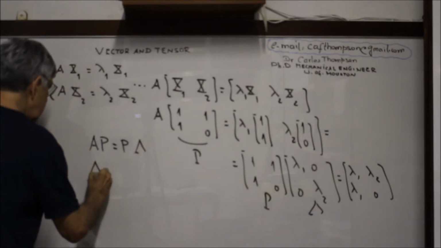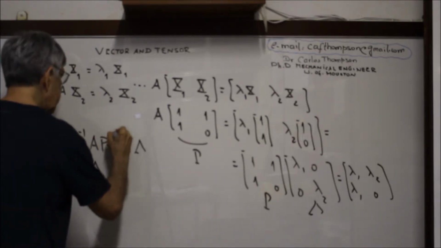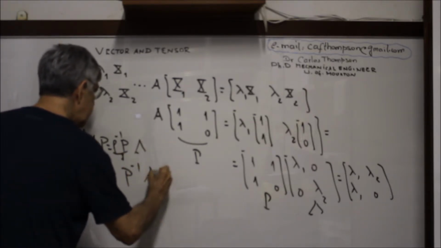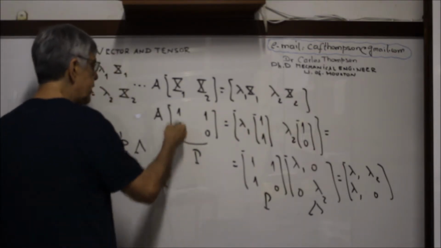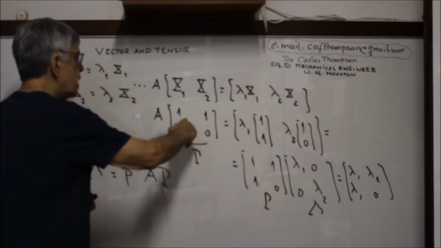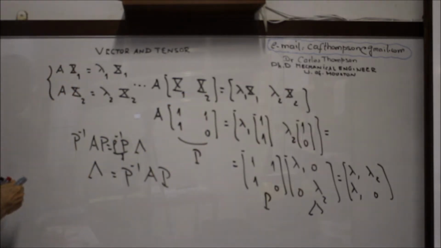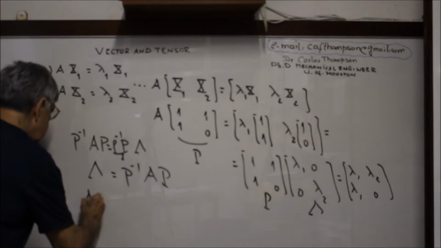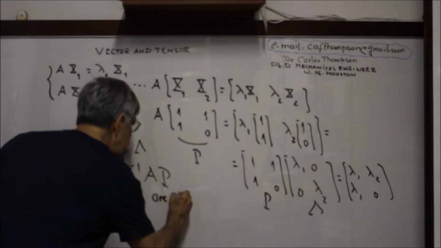From here, multiplying by P inverse, P inverse P is I, so capital lambda equals P inverse A P. What is P? P is a transition matrix, and in its columns are the eigenvectors: here the column vector x1, and here the column vector (1, 0). So A and capital lambda are similar matrices.